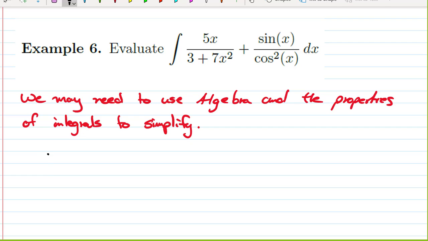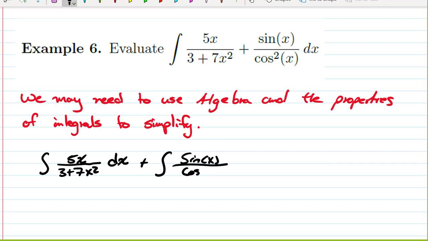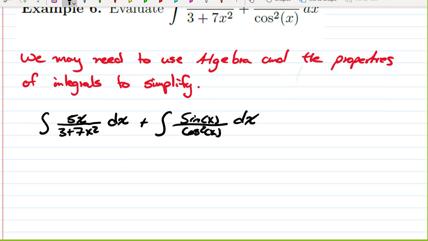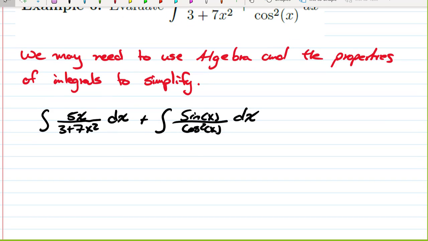So first thing we can do is split it up into two different integrals. 5x all over 3 plus 7x squared dx plus the integral of sine x over cosine squared x dx. That's our property of integrals, that if we have an integrand that has a plus or a minus sign in it, we can just split it into multiple integrals. Then on the next one, I have a constant multiple of 5 I can just pull out.